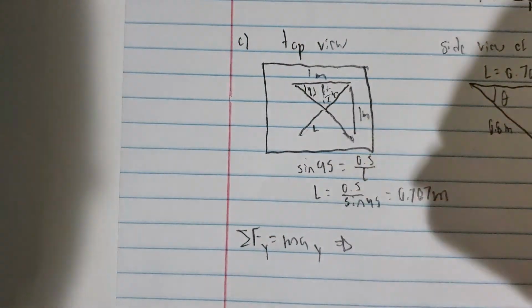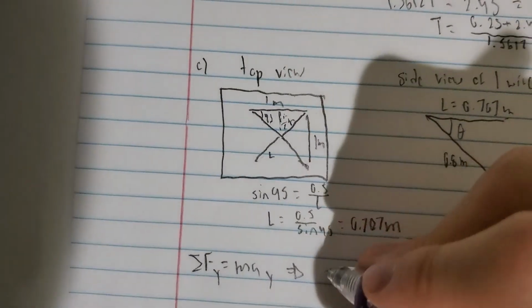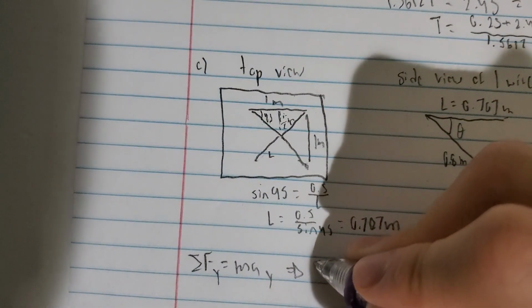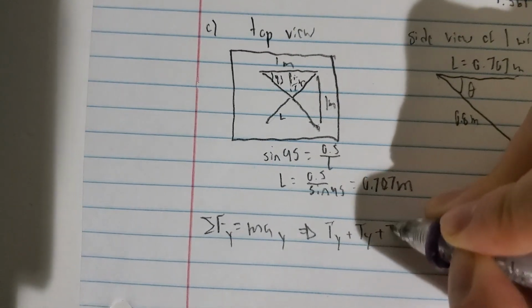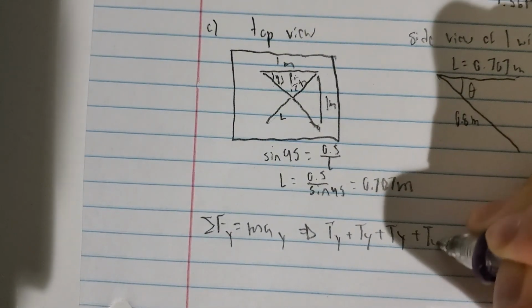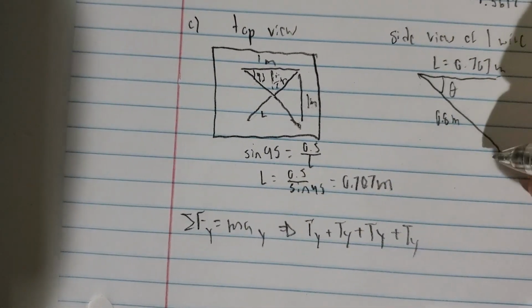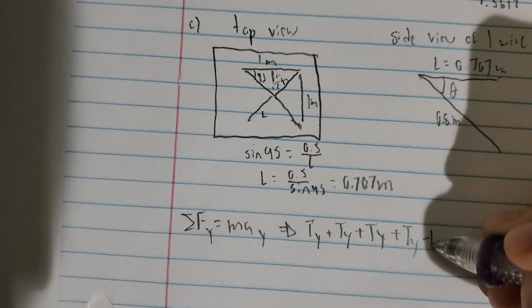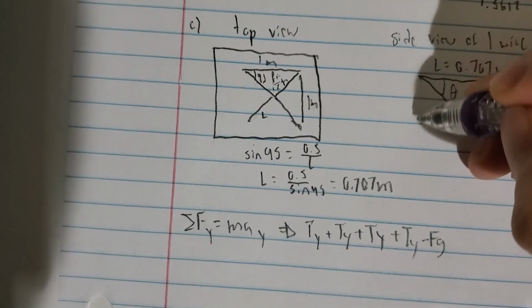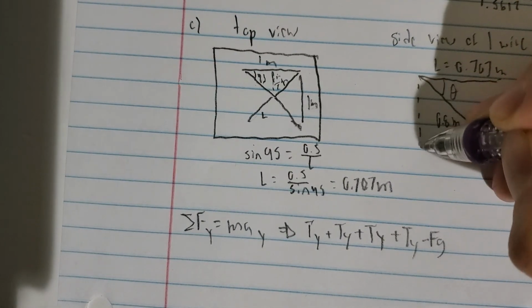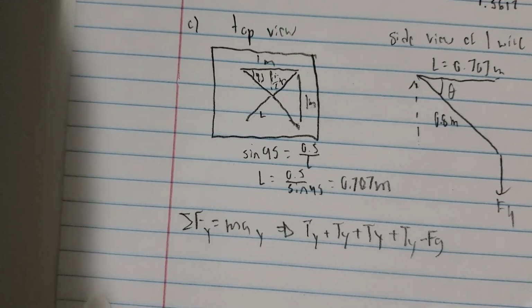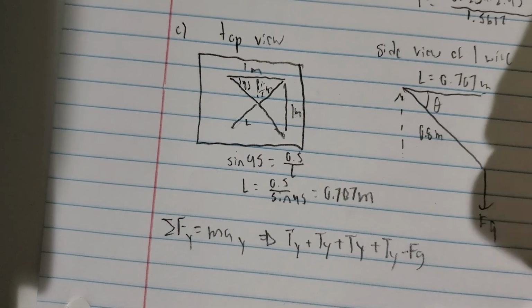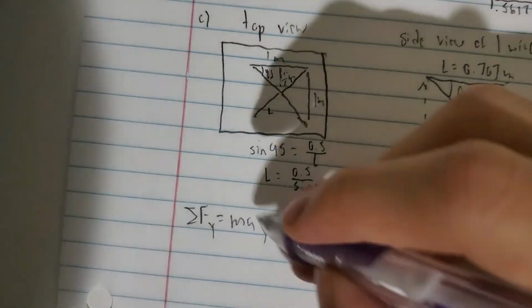This time we have 4 wires, so we have 4 ty, so ty plus ty plus ty plus ty, and the opposing force is Fg.